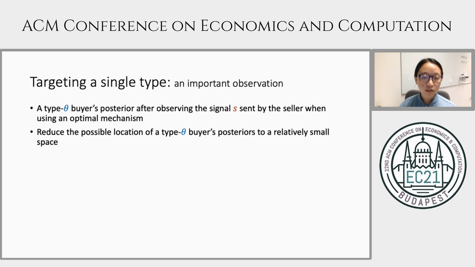This observation is about a type theta buyer's posterior after observing the signal sent by the seller when the seller uses an optimal mechanism. This will reduce the possible location of a type theta buyer's posteriors to a relatively small space. Then we only need to focus on the mechanisms that will push the buyer's belief to that relatively small space.